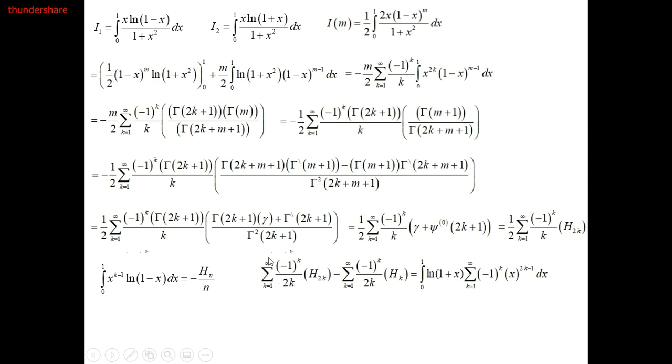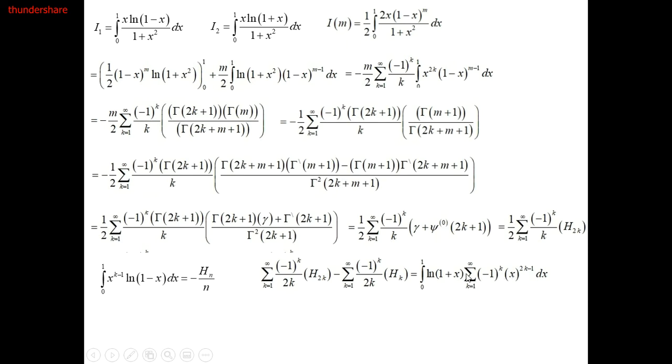The sum from k equals 1 to infinity of negative 1 to the power k divided by 2k, times harmonic number 2k minus harmonic number k, as I took the sum as a common factor, equals the integral from 0 to 1 of ln(1 plus x) times the sum from k equals 1 to infinity of negative 1 to the power k x to the power 2k minus 1 dx.